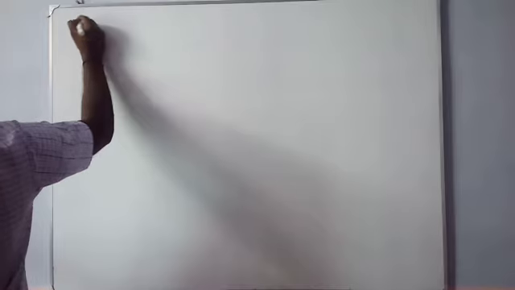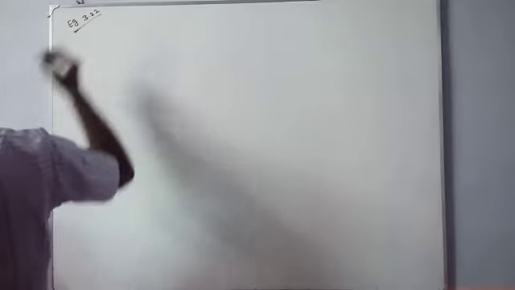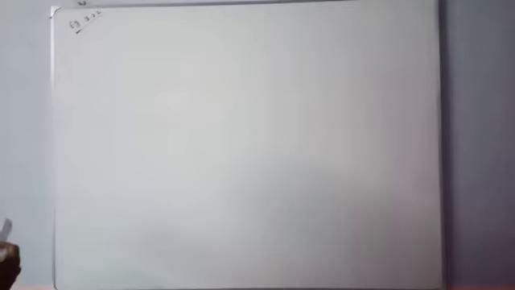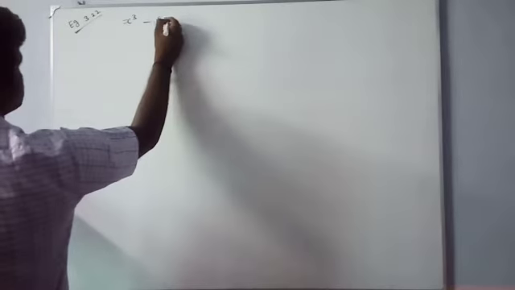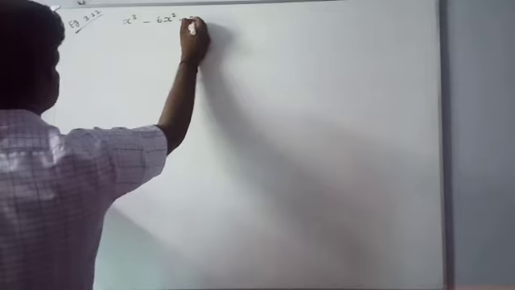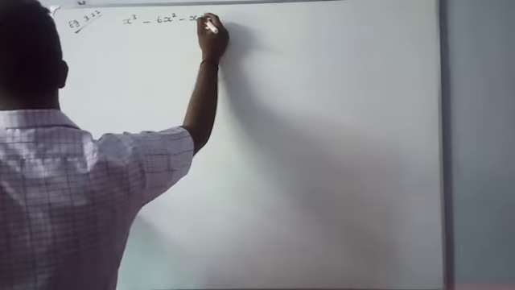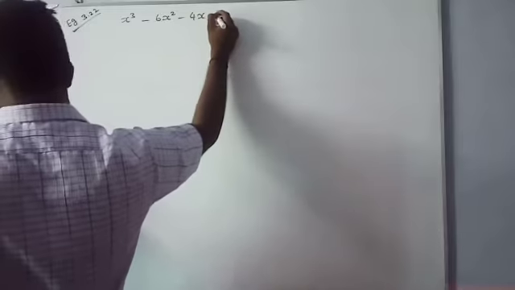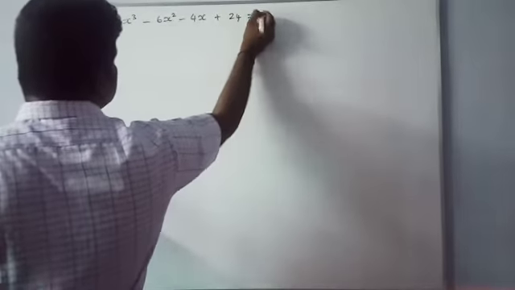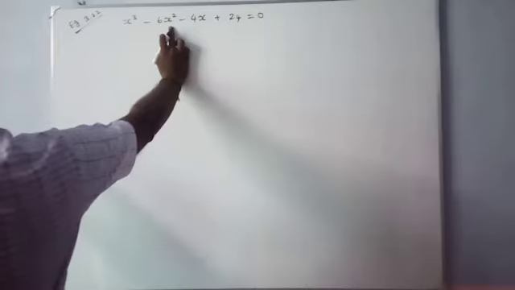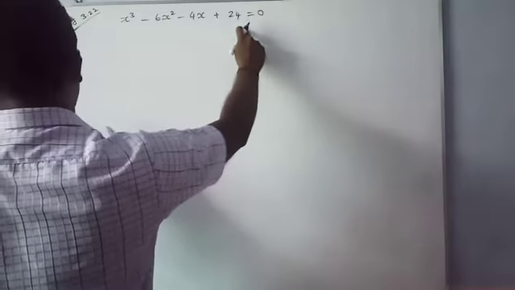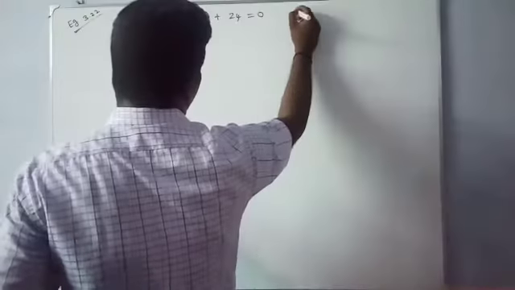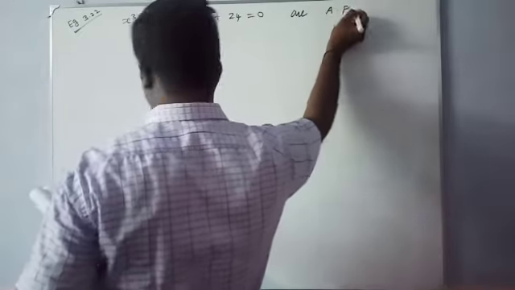Example 3.22. It is known that the roots of the equation x cube minus 6x squared minus 4x plus 24 equal to 0 are in the arithmetic progression.